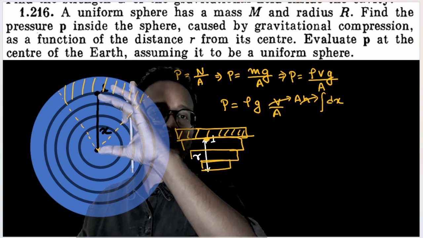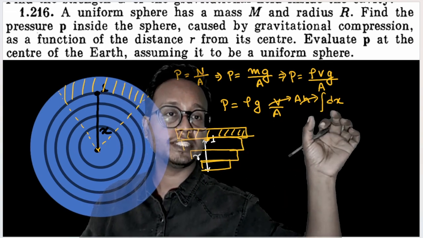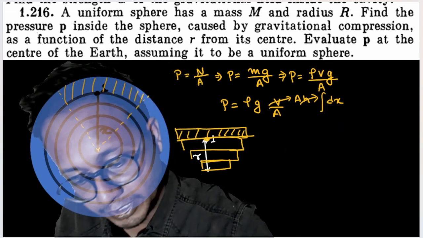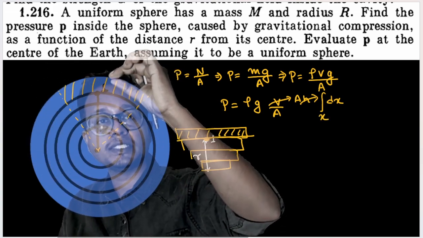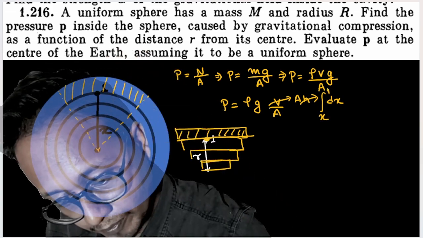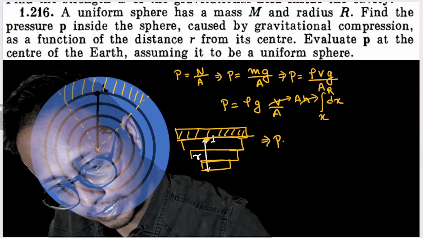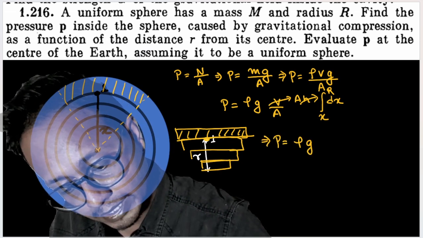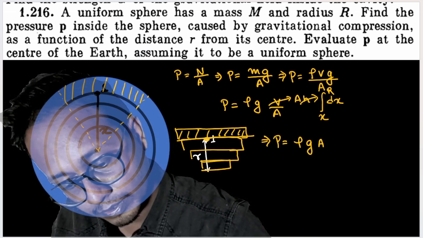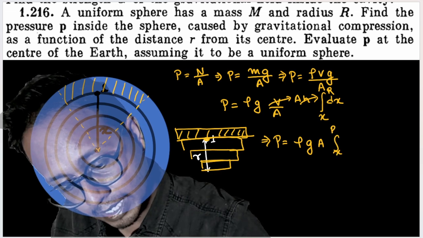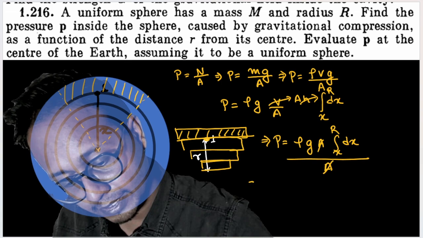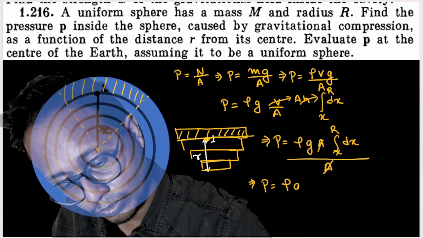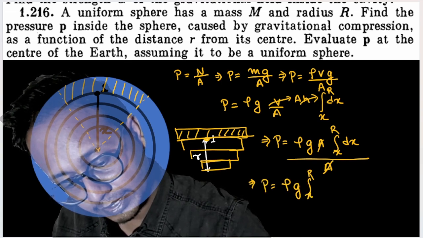Understood this much? Okay. Instead of using h, I have used the integral of dx. The lower limit is nothing but x, or this point. The upper limit is nothing but the radius of the planet. Okay. So our pressure out here is nothing but rho g A into the integral of dx divided by A. Okay. A and A would get cancelled, or P is equal to rho g integral of dx from x to R.